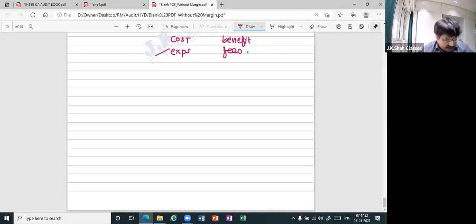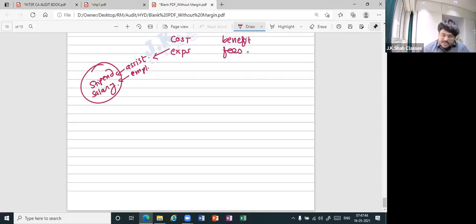Let me give you a simple example. Can I say auditor will have assistants? Can I say to assistants you have to give stipend? Do you agree? He may have certain employees which will work on audit. Auditor will alone not do audit. There will be some people along with him. Can I say to these employees he will have to give salary? Then can I say he has to incur all these expenses?